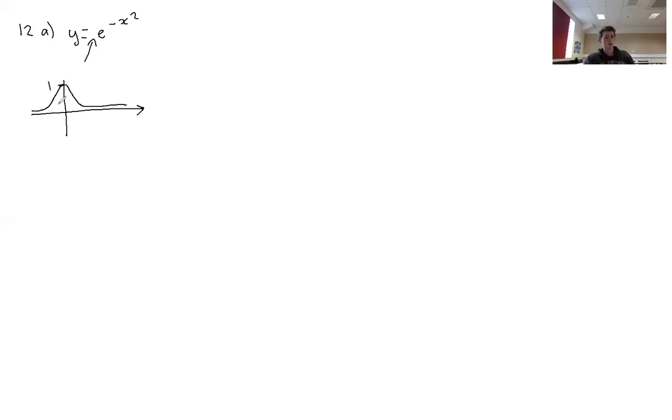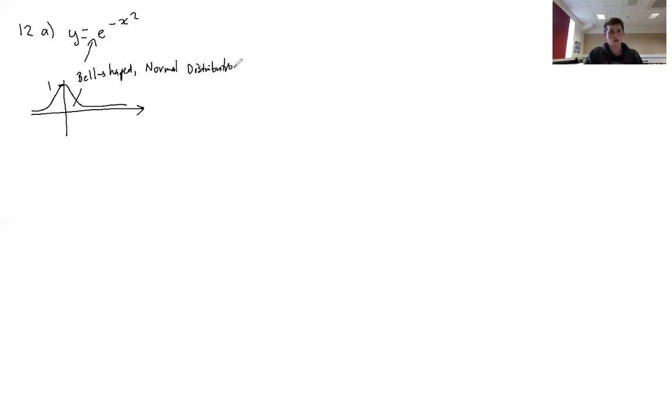It's quite interesting because this shape should be somewhat familiar to you if you've done any statistics. The shape of the curve is bell-shaped; it's the shape of a normal distribution.